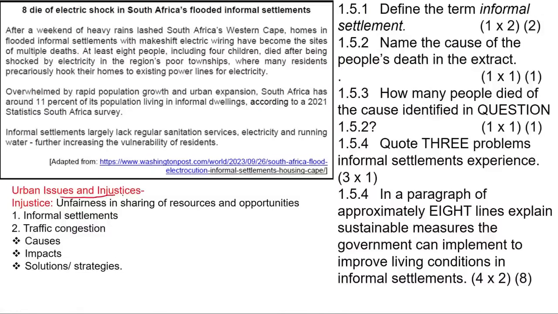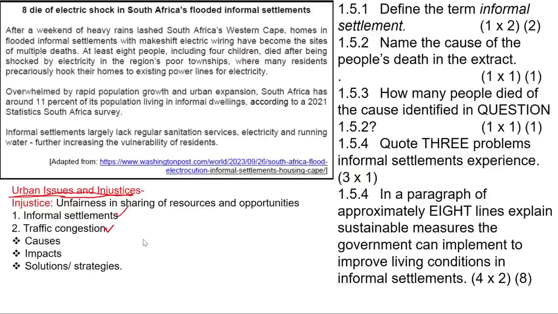As much as informal settlements are part of the land uses, they are also what we call urban issues. We have a number of urban issues. We have informal settlements, like I said. We have traffic congestion, overcrowding, and crime.